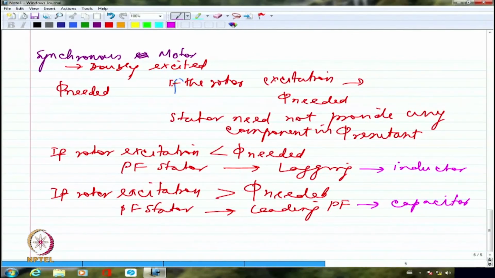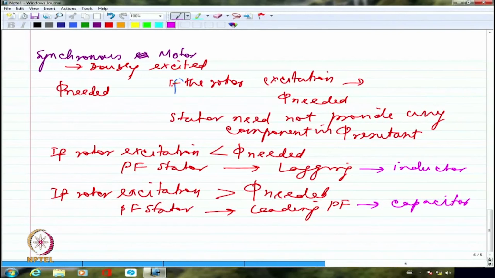So when I use a synchronous motor in a factory which has n number of induction motors, all those induction motors will pull down the power factor. They are all going to draw inductive current. I can put in one synchronous motor, which will probably draw leading current. So the leading current and the lagging current will essentially cancel out with each other, because of which I might ultimately get unity power factor.